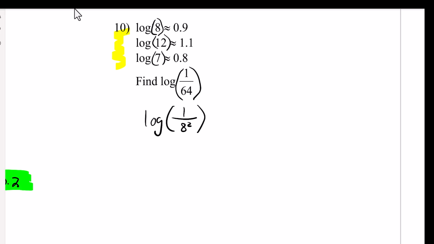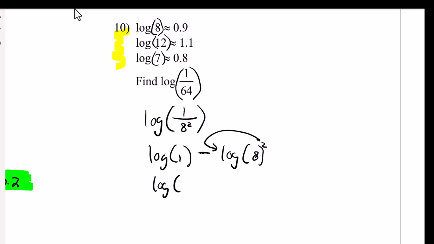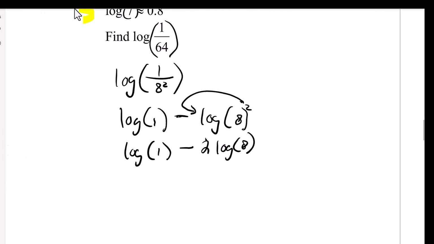Well, remember, division expands to subtraction. Now, what also do you know? When a log is raised to a power, we're going to rewrite that as multiplication.